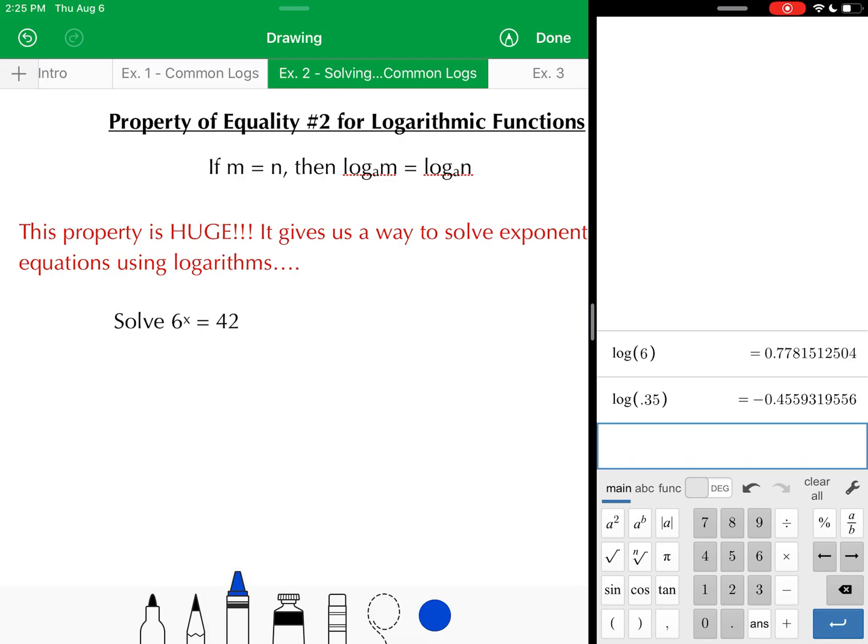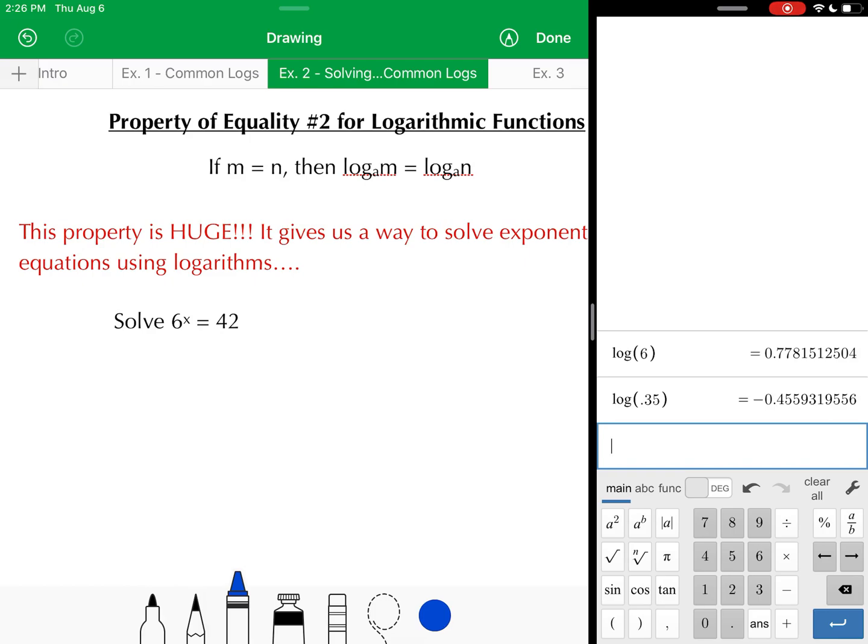What's nice about this property is it's basically stating that we can use a logarithm as an operation to solve equations. This is huge. It is very useful in helping us to solve exponential equations where both sides of the equation cannot be written in terms of the same base.